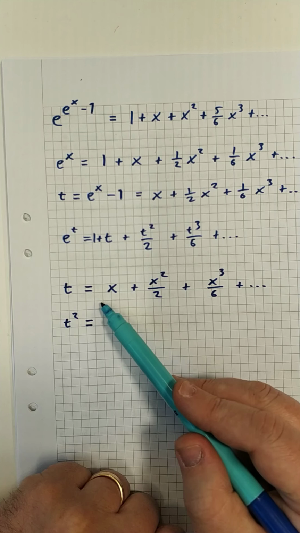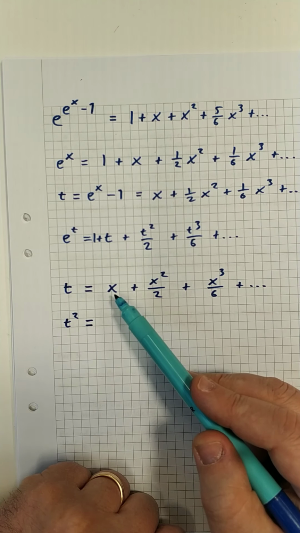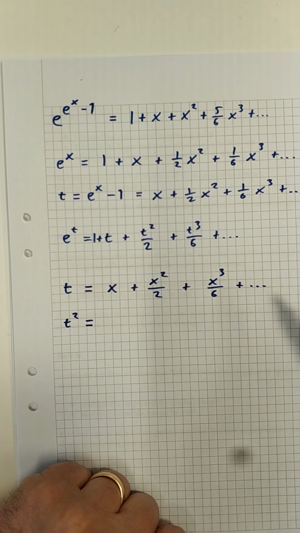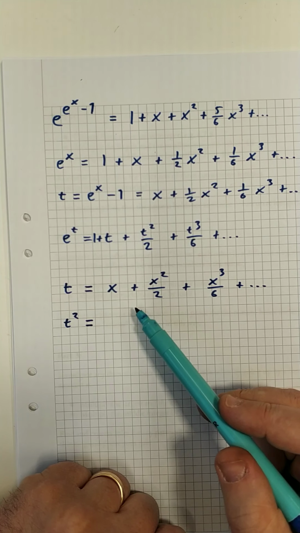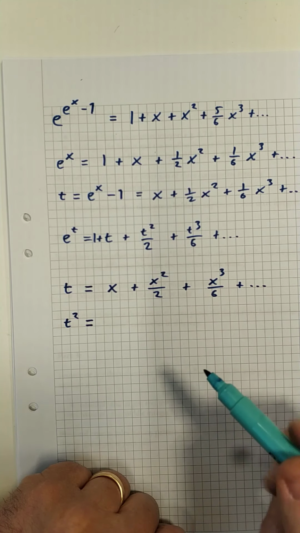What is t squared? Well, I could do the multiplication of t by itself as an ordinary polynomial expansion, and I'm ignoring again everything that gives me an x term higher than order 3.